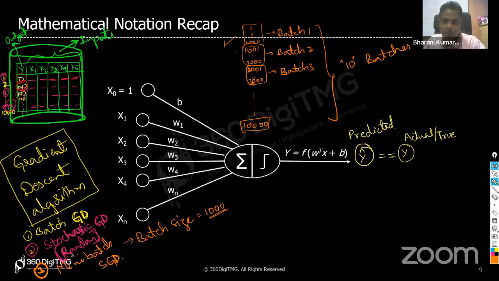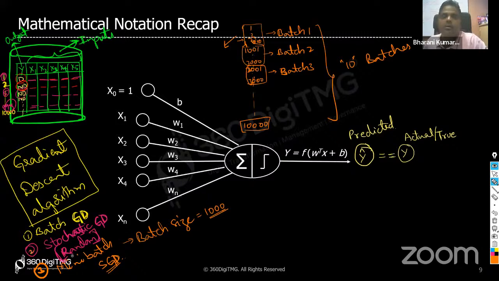Now let's take batch 1. This is called mini batch stochastic gradient descent. Within this batch, you randomly choose an observation. Say you randomly chose observation number 99.